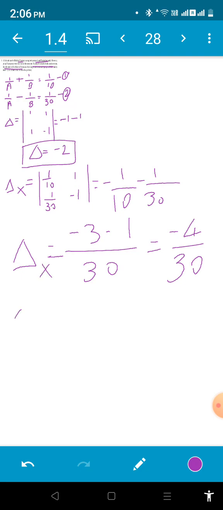Similarly, I find the delta y value. These values have no change, 1, 1. I change the y value only, taking the constants in the y term, 1 by 10, 1 by 30.